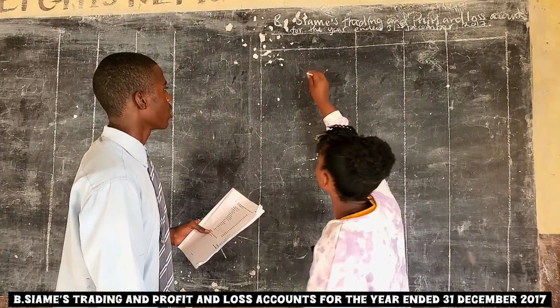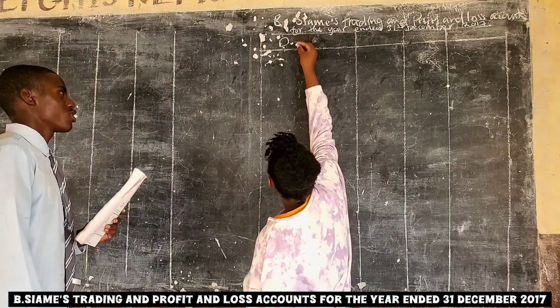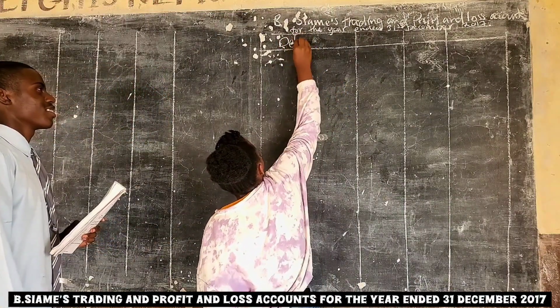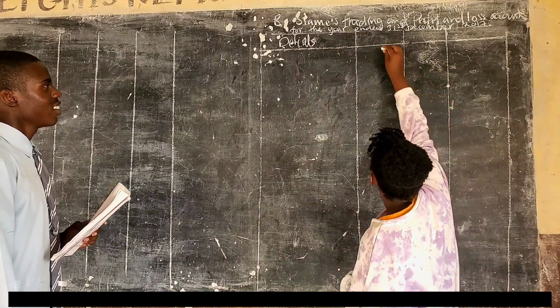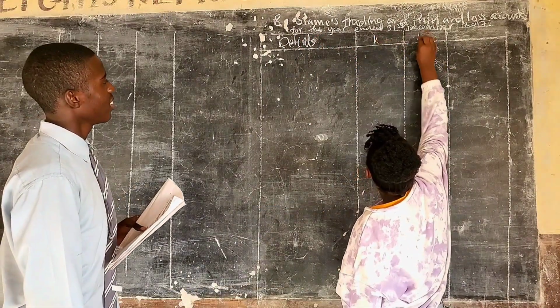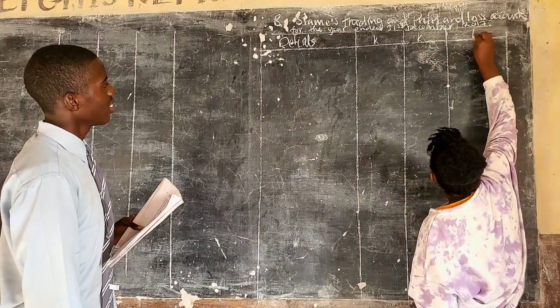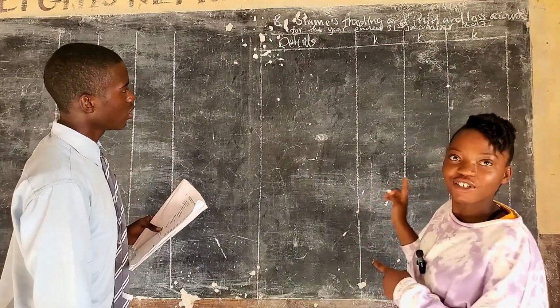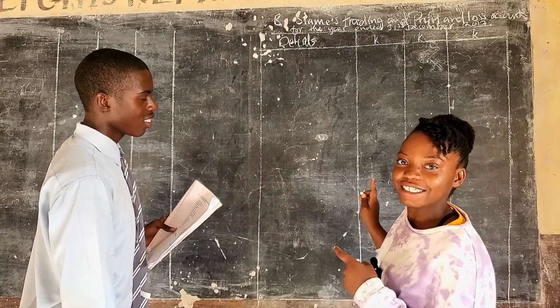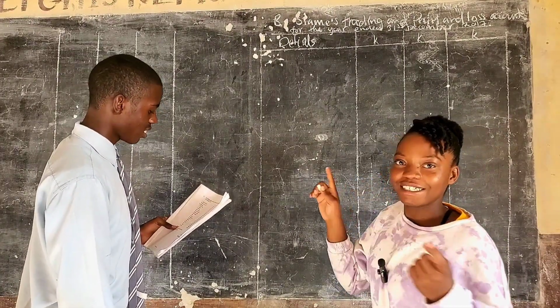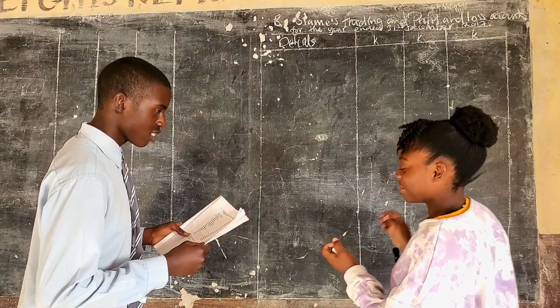The first column is for details, then this is for kwacha. The reason we're using kwacha is that it's the Zambian currency. If you're watching us from any other country, you can use your currency.